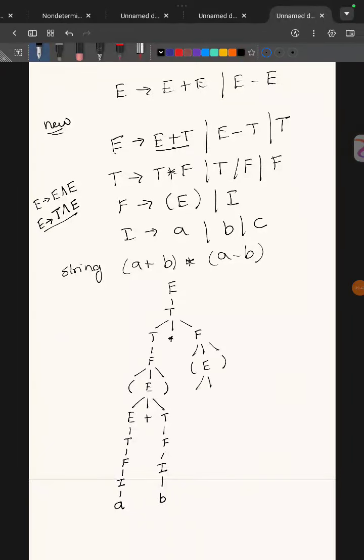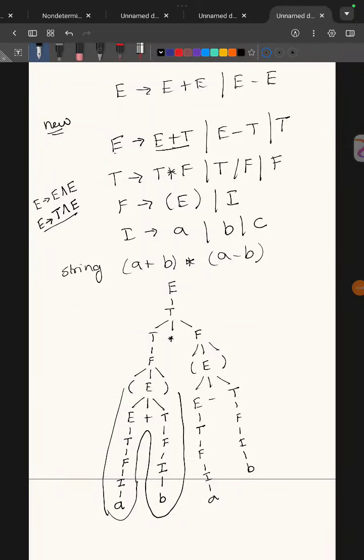E can derive E minus T, E derives T, T derives F, F derives I derives a. T derives F derives I derives b. So we got open braces a plus b closed braces star, again open braces a minus b closed braces. That is, we have derived the given string by converting the given grammar to unambiguous grammar.